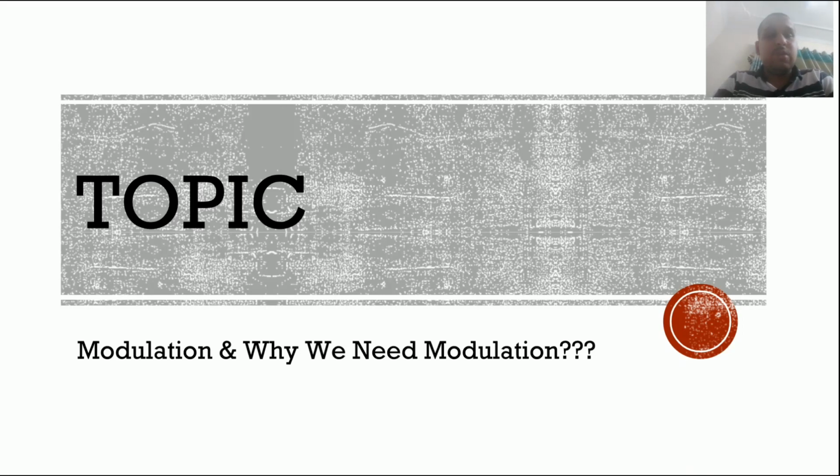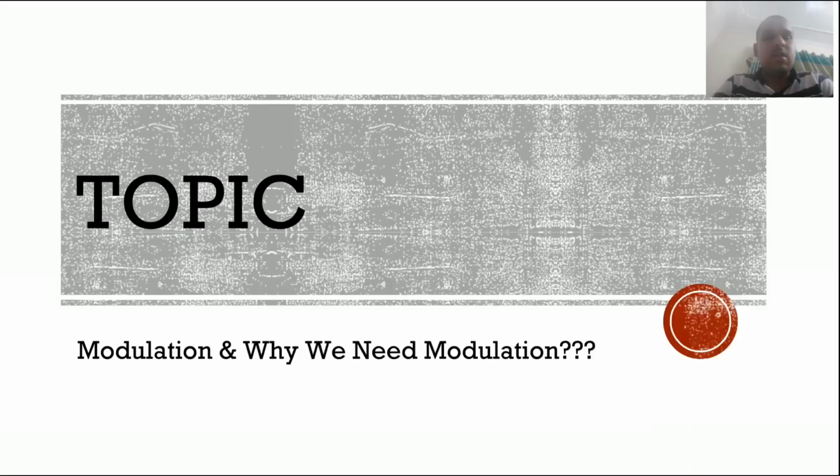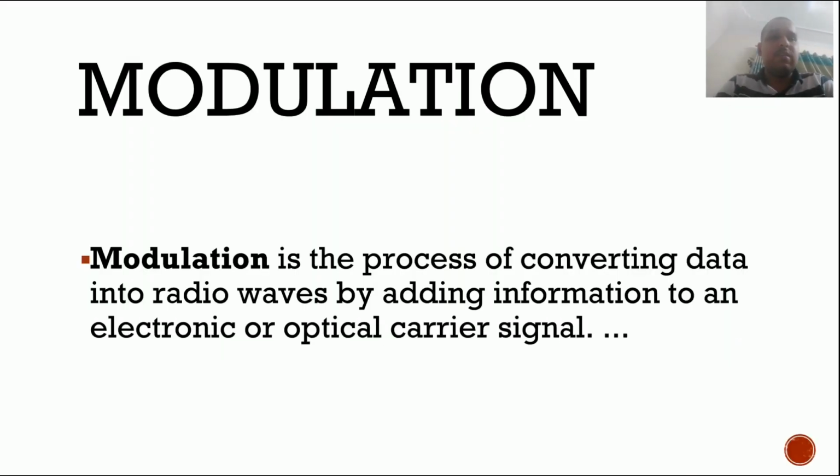So we jump straight into the topic, modulation and why we need modulation. Before going to why we need modulation, we must know what is modulation. In simple words, it is a process of converting data into radio waves by adding information to an electronic or optical carrier signal.